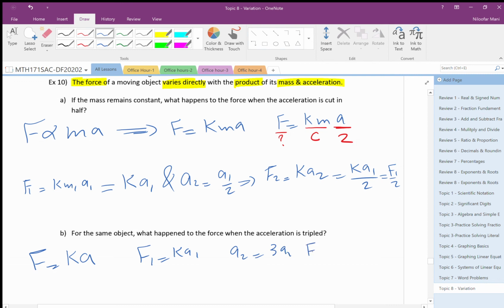So what happened to F2? F2 is Ka2, which is K3a1, which is 3Ka1, which is 3F1. Yes, that's also tripled.